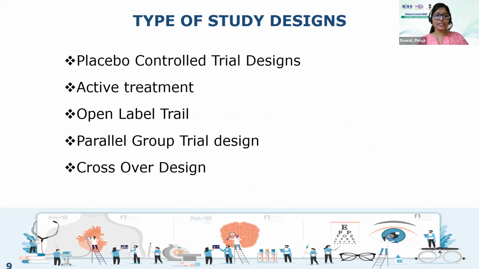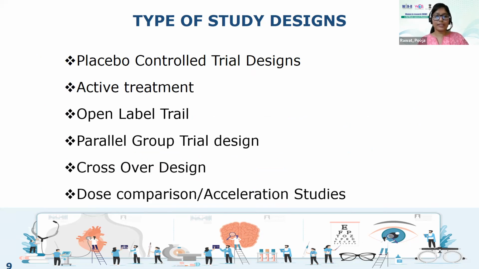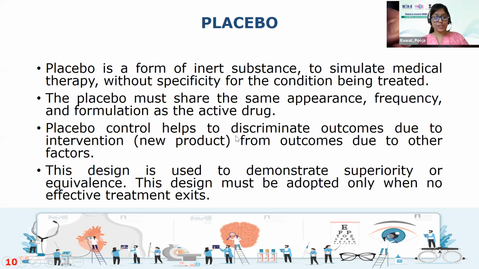These are the various study designs which we'll discuss: placebo-controlled trial design, active treatment, open label trial, parallel group trial, crossover design, dose comparison, and dose acceleration studies, or you can say de-acceleration studies. So first of all, we'll talk about the placebo.